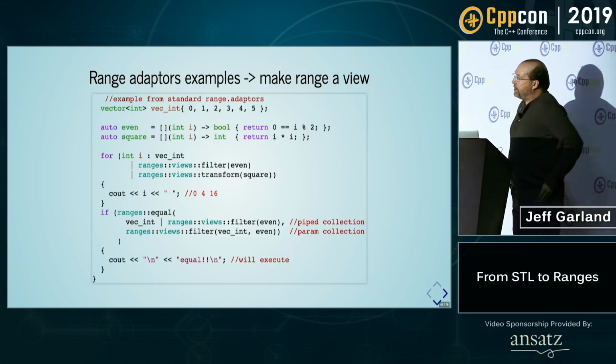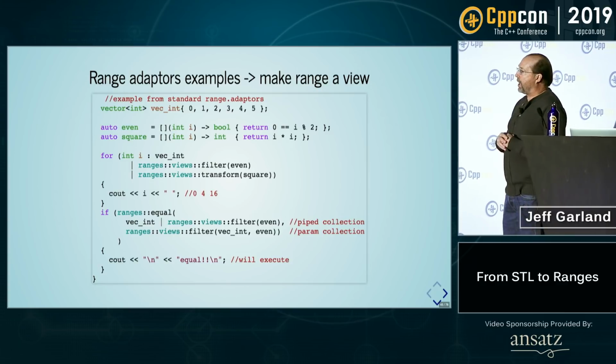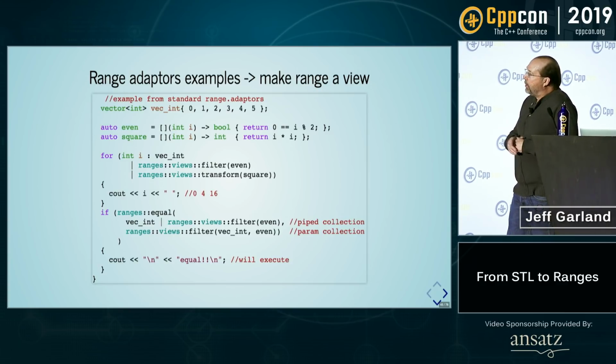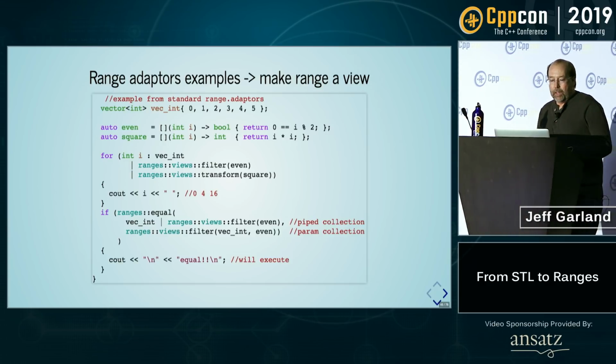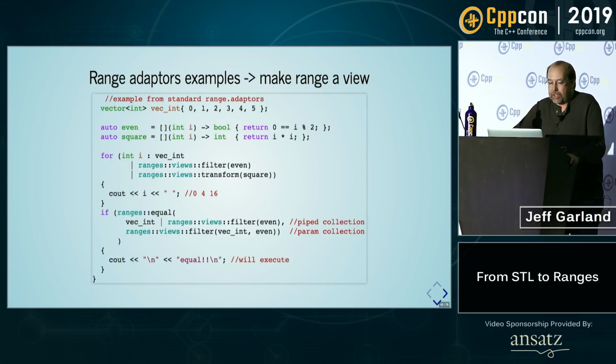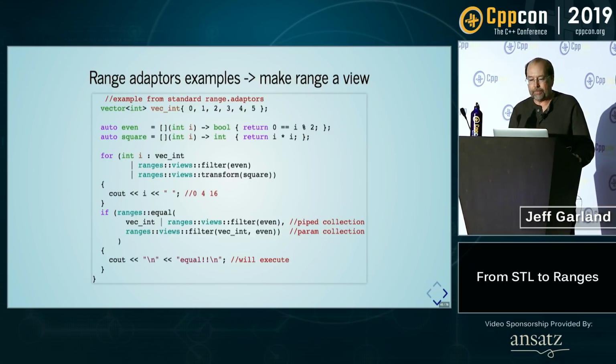But if you want to convince yourself that some of the things from the last slide are the case, you can do this ranges equal below. If you'll note, the first parameter to the range equal is the vector of int piped to the filter. And the second is the filter constructed with the vector of int and the even.